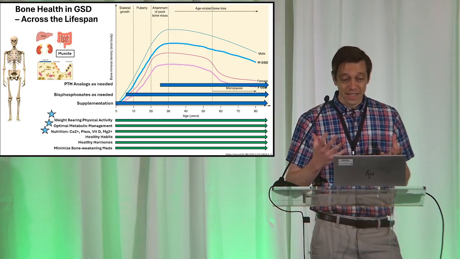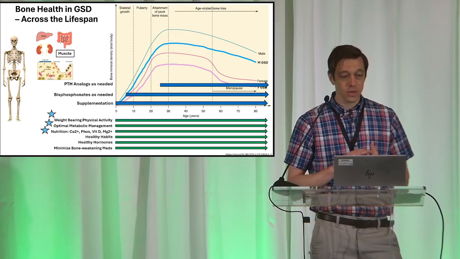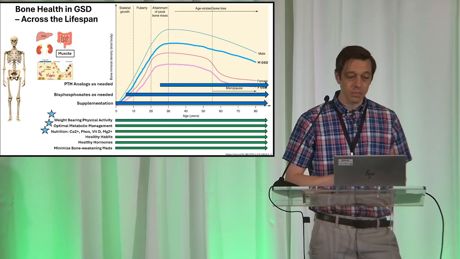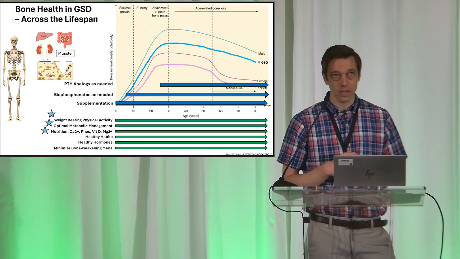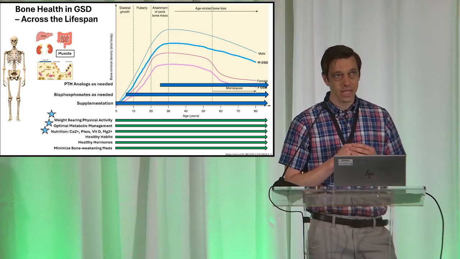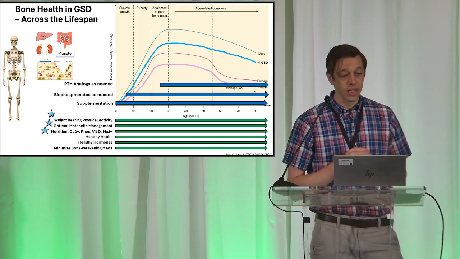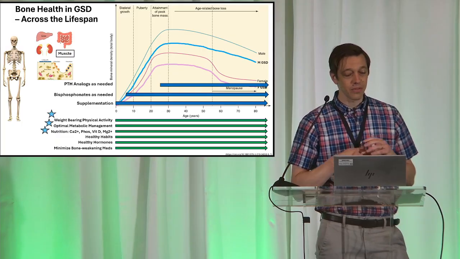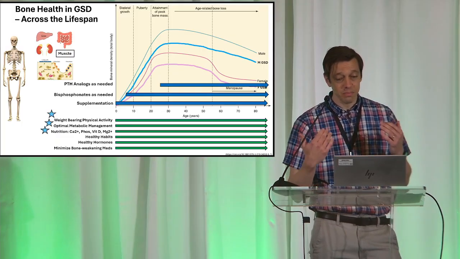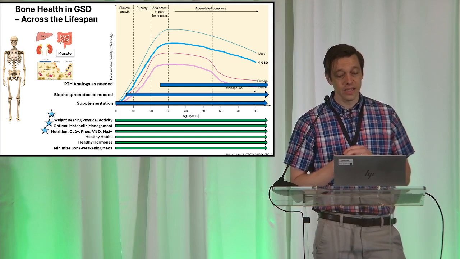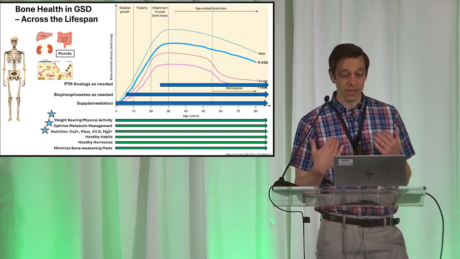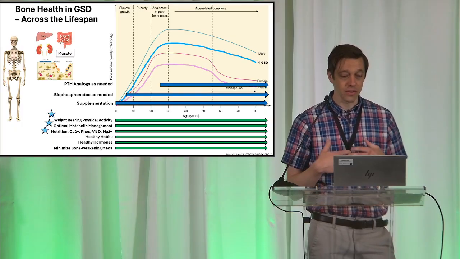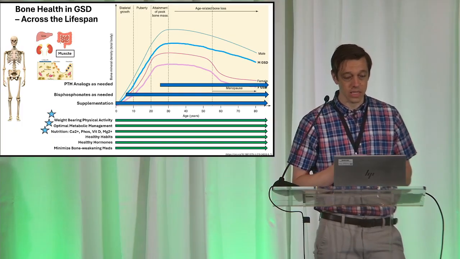And it is flavor specific, so to speak, whether the liver is affected, the kidneys, the muscles. But I think some of the key features that are shared is that bone mineral density is decreased from the data we have in glycogen storage diseases compared to those without glycogen storage diseases.